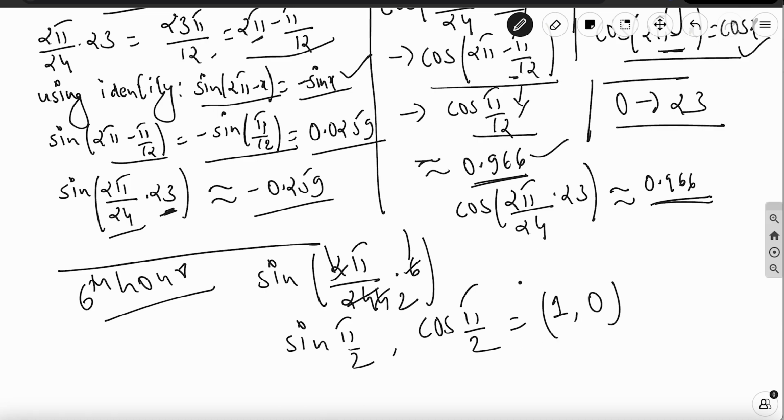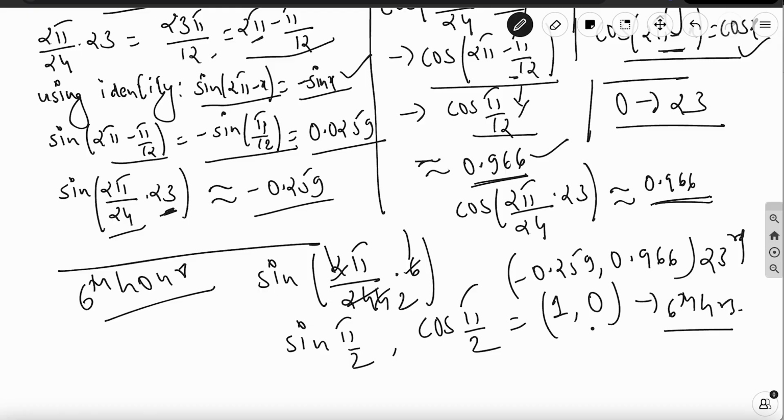The 23rd hour is minus 0.259 for sine and 0.966 for cos, but for the 6th hour it is 1 and 0. We can see there is a huge difference. Minus 0.259 is far away from 1 and 0.966 is far away from 0.